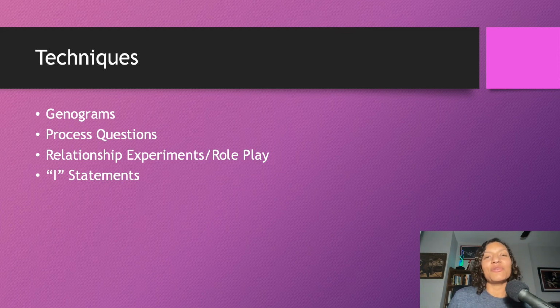An experiment or a role play that you could use as a therapist working with this family is to help the family overall shift their perspective around Annie wanting to pursue this degree or this specific career, and help them understand why it's important to Annie. Otherwise it could maybe be causing a lot of conflict or a lot of avoidance, which we've already talked about.